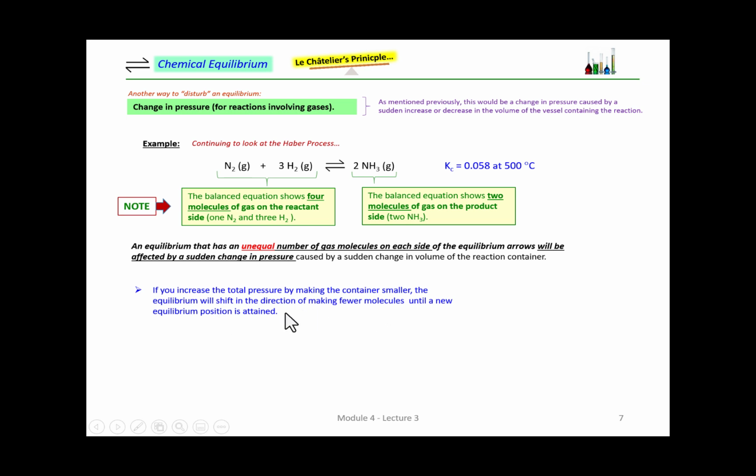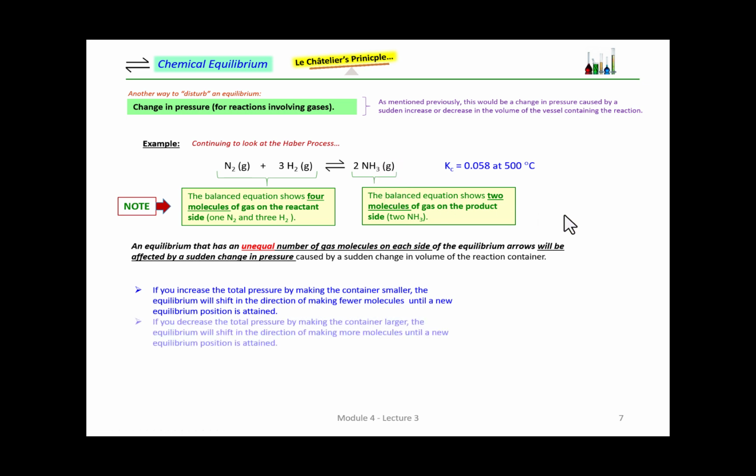If you squeeze the volume that this equilibrium exists in, it's going to respond by trying to counteract the disturbance you're causing. If it shifts toward making fewer molecules, the pressure will drop, because remember, pressure is directly proportional to the number of gas molecules present in that volume.